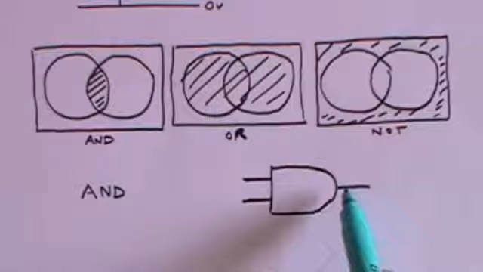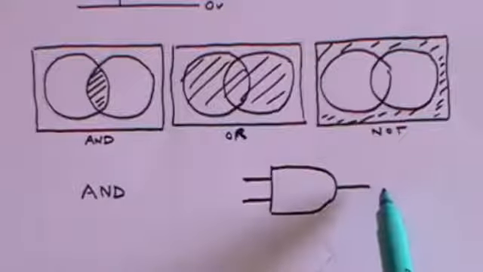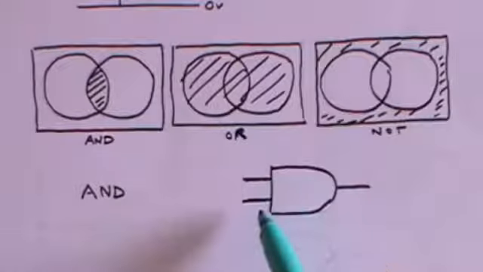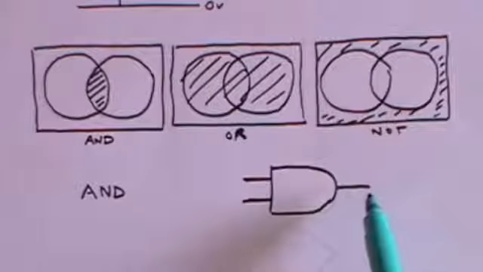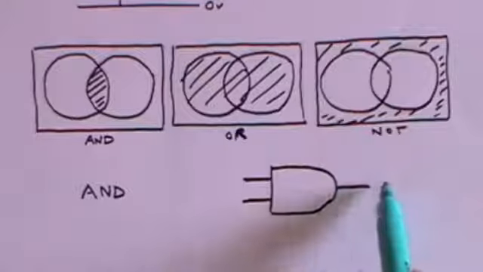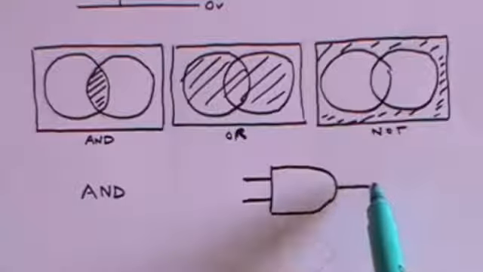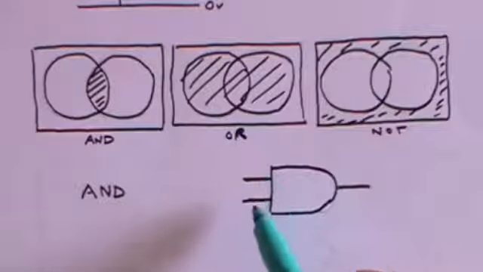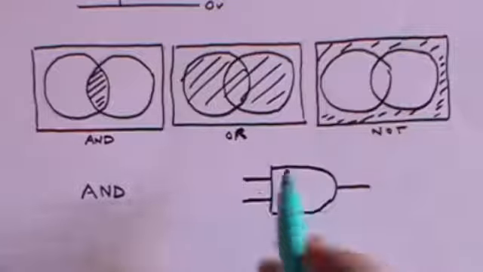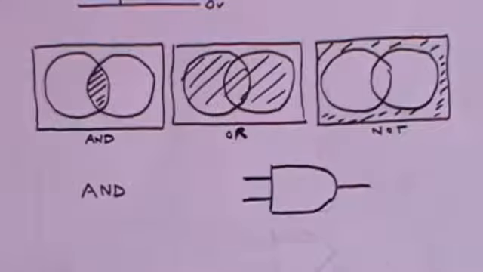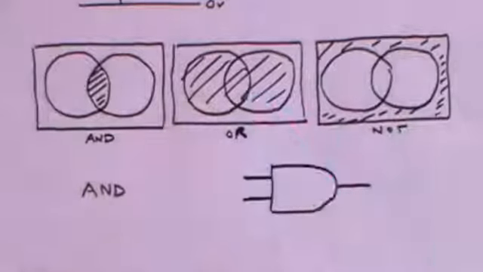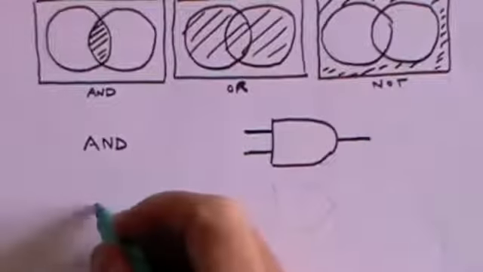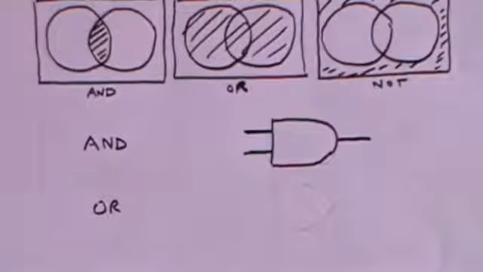So you only get a positive voltage out if both the inputs have positive voltages. If one or both do not, you won't get a voltage out. So that's a piece of logic. It tells you that if you get a positive voltage out, it must be because both of these have positive voltages.